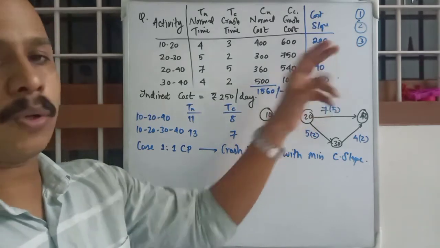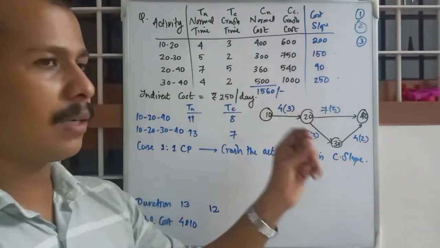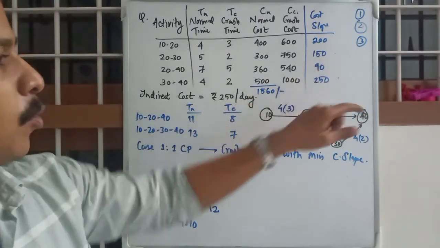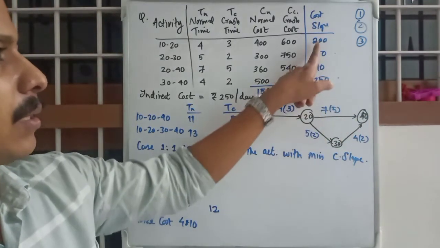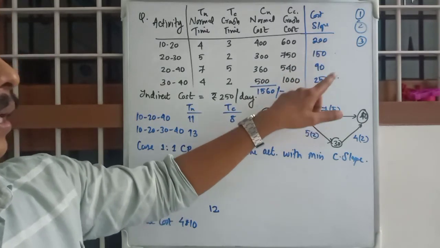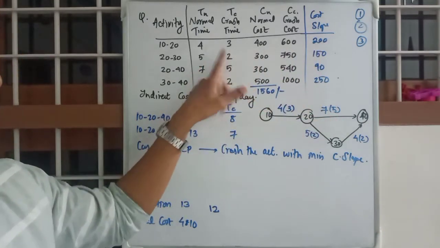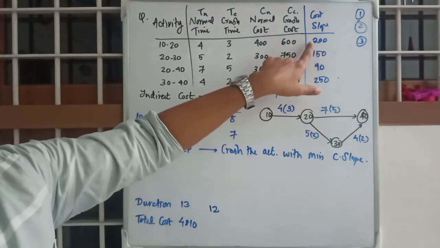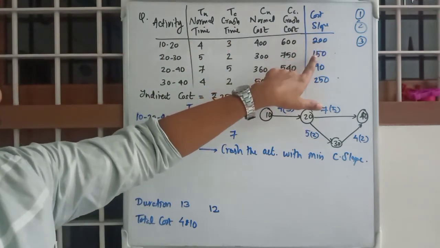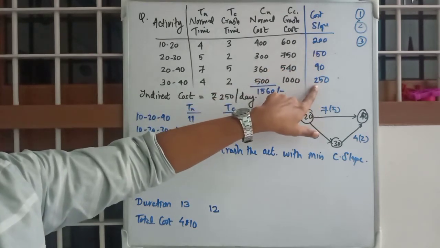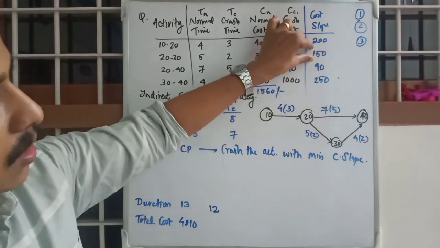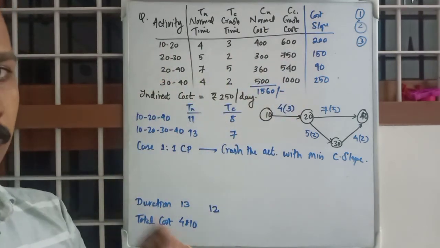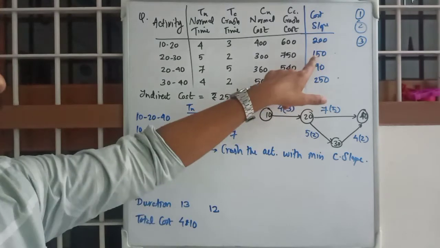This is the additional cost you will have to pay for 1 day of reduction, crashing. So we have the option. This is the critical path. These are the available options, and you have to reduce 1 day from any of these. So right now you can reduce the one with 200 or 150 or 250. So obviously you will take the least cost-incurring option, that is 20-30, the path of 20-30, this one.